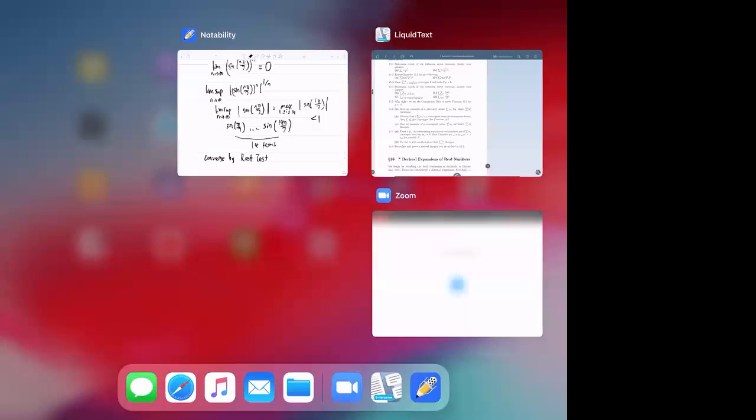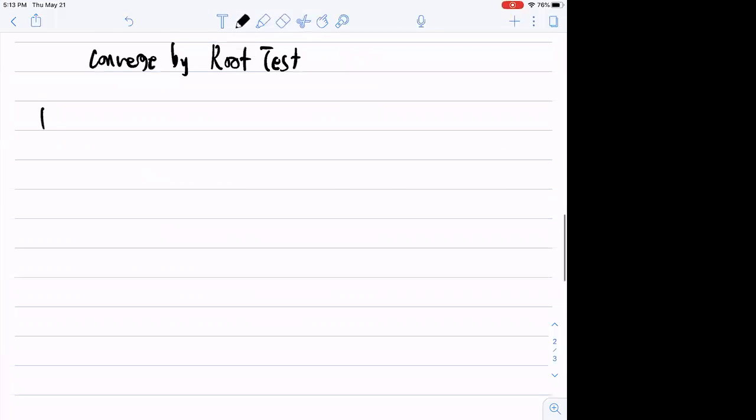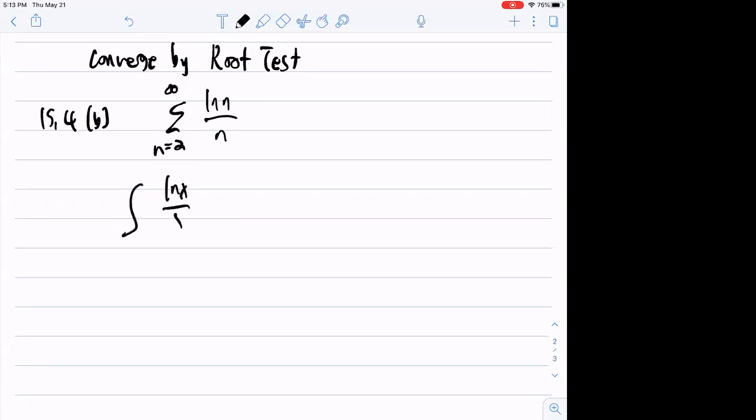So 15.4 part B: sum n equals 2 to infinity of log. Again, I'm just going to assume log n is base e. If not, then do a base change and pull the constant out. So here you just integrate, and your bounds are these bounds.